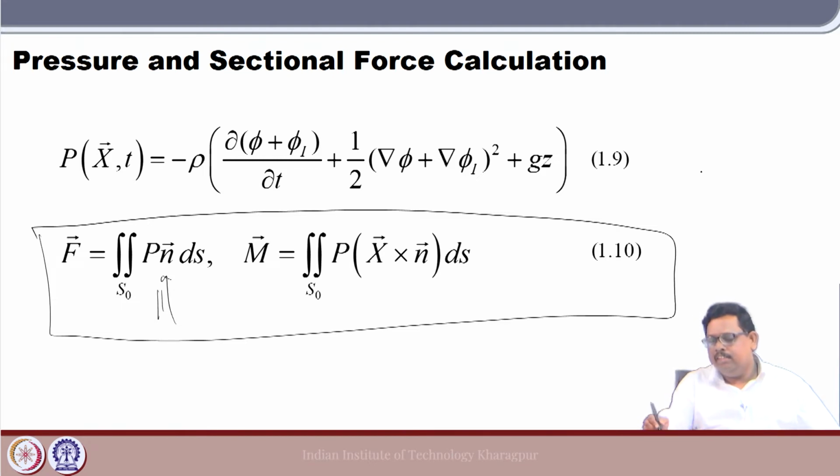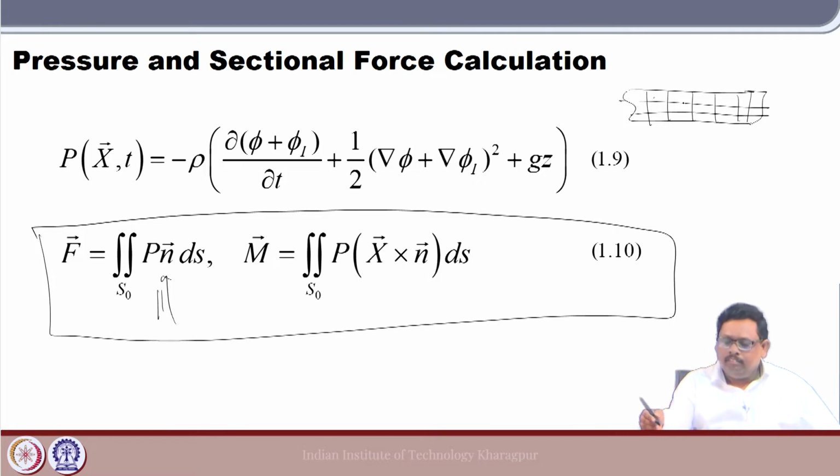In a rigid body, suppose you have the ship and you discretize it with a number of panels, and then you find the pressure at each panel and integrate it to get the total force, and this total force is applied at the CG.